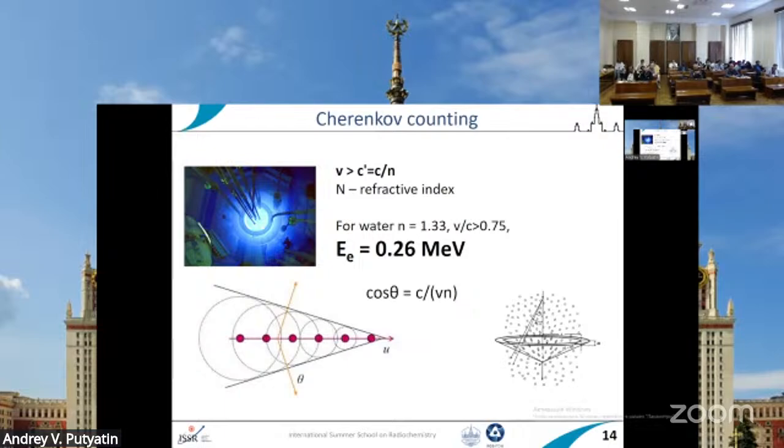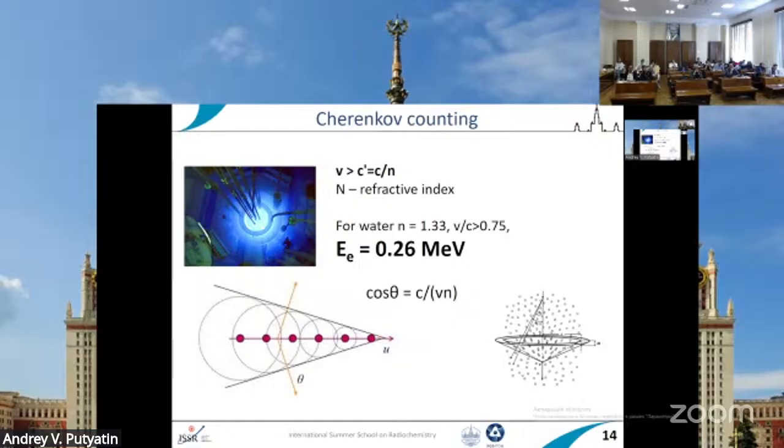But in media, the speed of light is smaller than in vacuum, and the phase velocity of the light in the media can be calculated with this simple equation where n is the refractive index. So for water, the refractive index is 1.33.